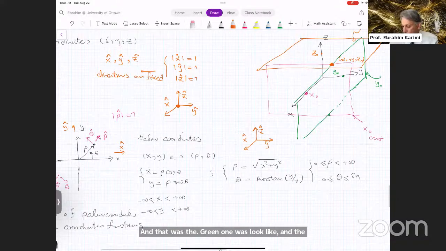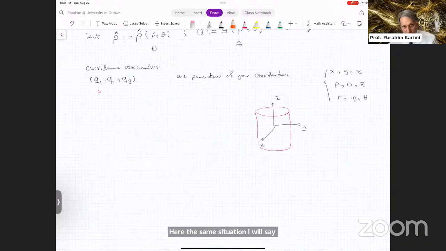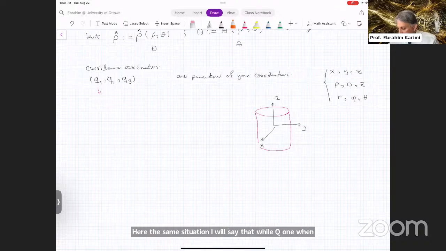Here, the same situation. When Q1 is a constant, let's say 0, then you have a surface which is given like this, which is, by the way, a cylindrical coordinate.